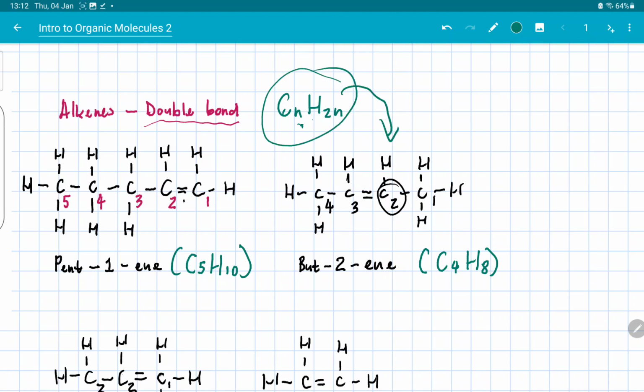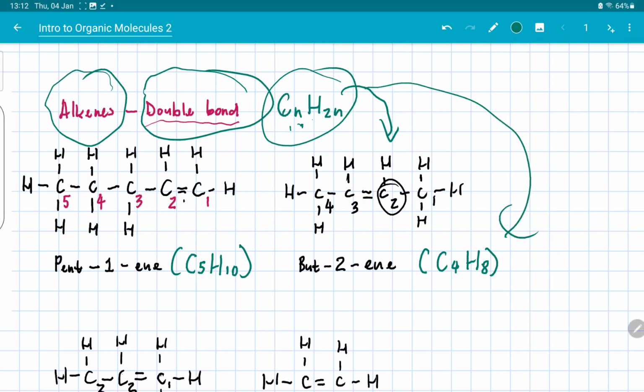All of these molecules are defined by the same general formula, and all of them have the same functional group, hence they belong under the same homologous series. They are alkenes because of that. All of them have at least one double bond and the same general formula, because you can just apply the general formula and obtain the molecular formula.